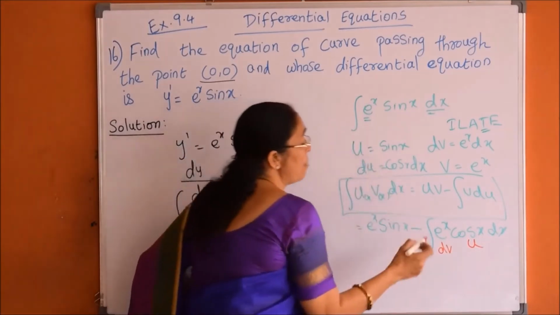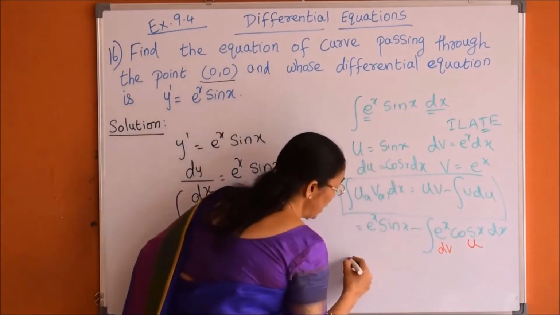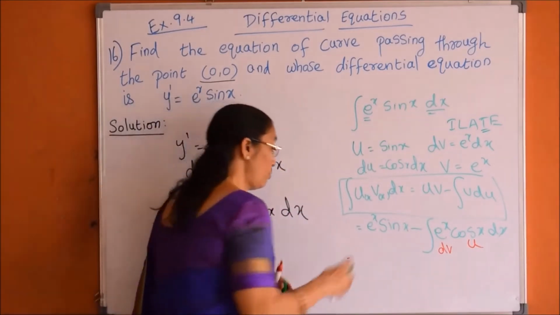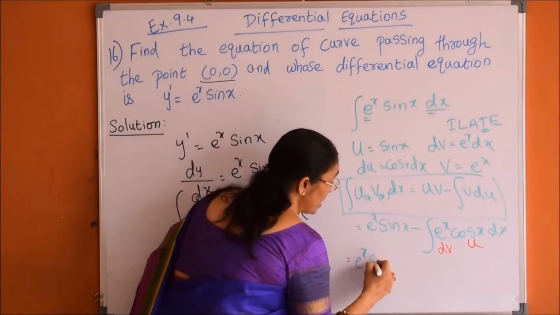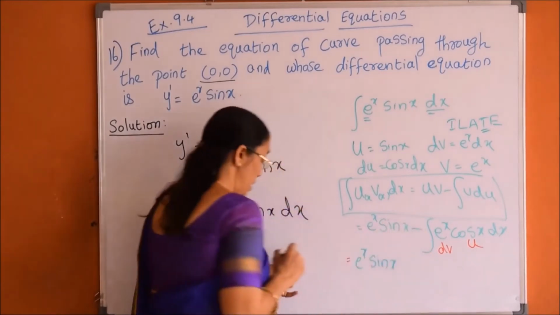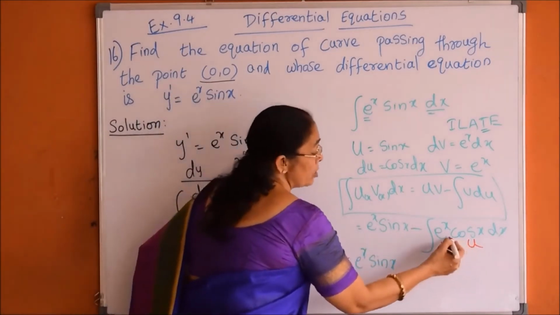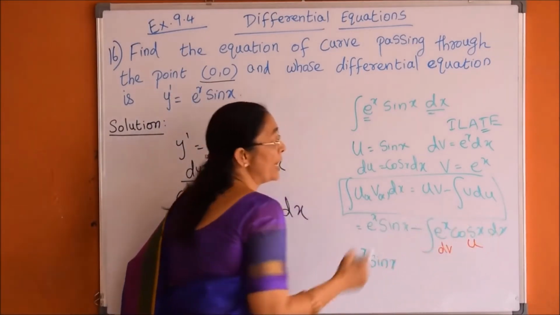So applying the same formula uv, this first part we can write as it is, e^x sin x. Now coming to the second part of the integration, u we considered as cos x and dv is e^x dx.